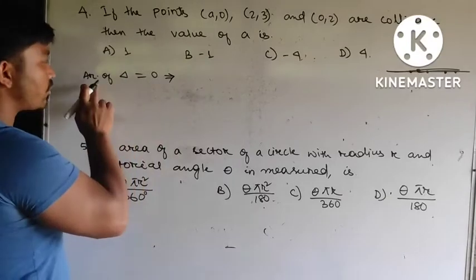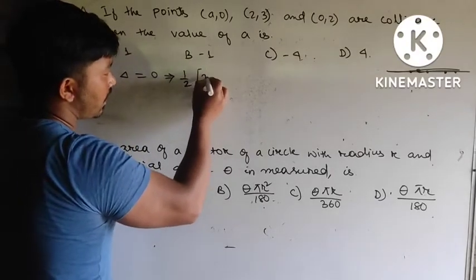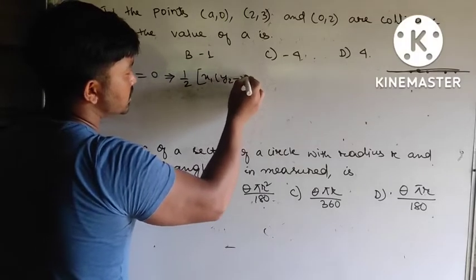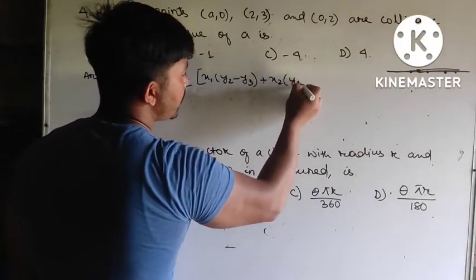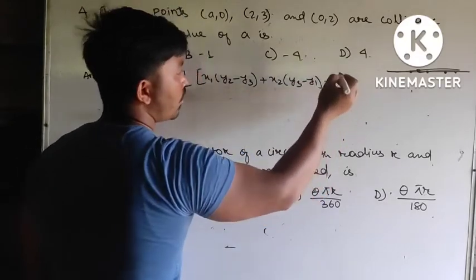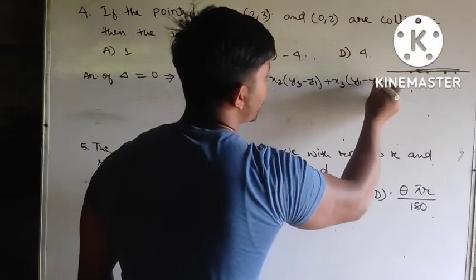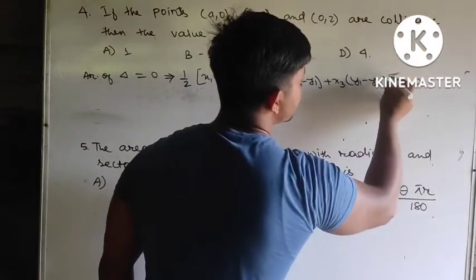The formula to find the area of a triangle is half x1 (y2 minus y3) plus x2 (y3 minus y1) plus x3 (y1 minus y2). As the points are collinear, we write it as 0.